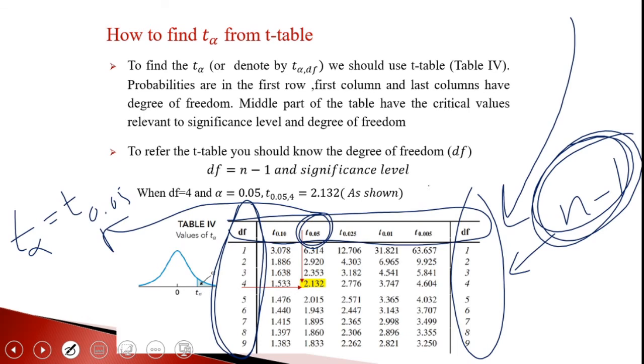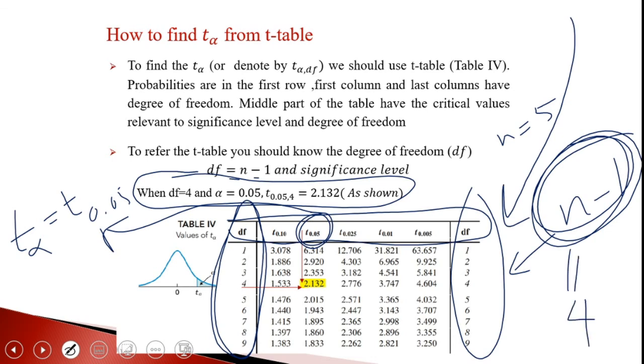I have this example. Assume that degree of freedom is 4, which means n equals 5. So you have to locate this line because degree of freedom is 4 here, right? What is my alpha? 0.05.